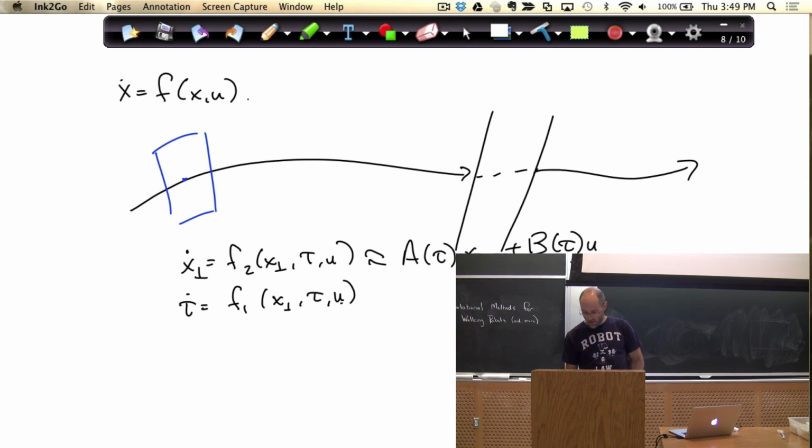Now that's actually a really nice idea, certainly if I want a system that's limit cycle stable, this is a way to get it.